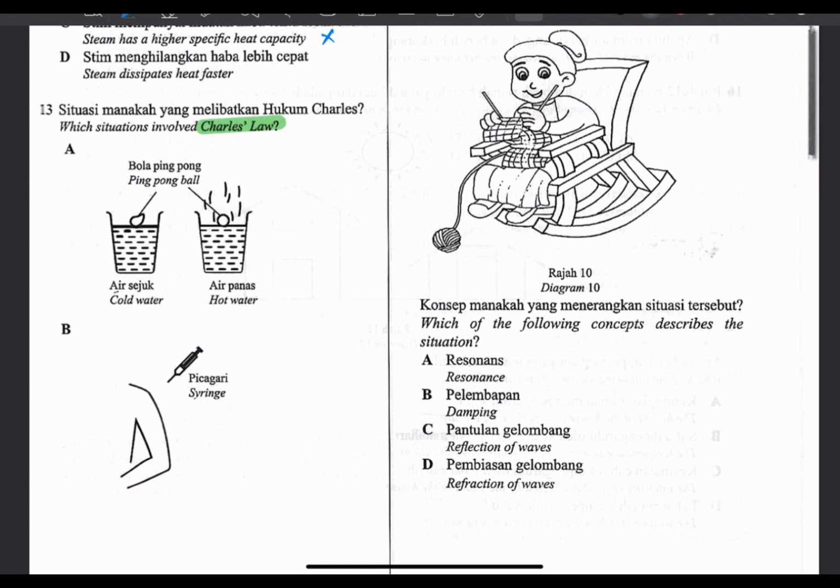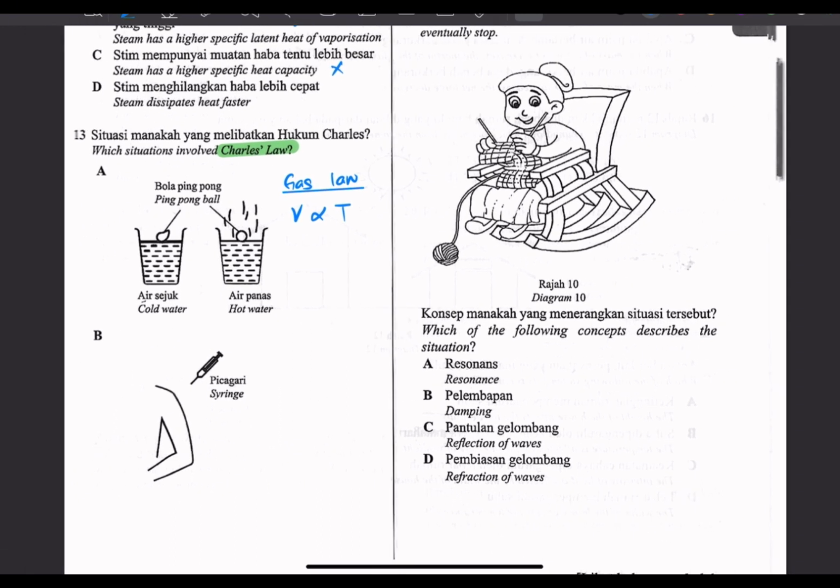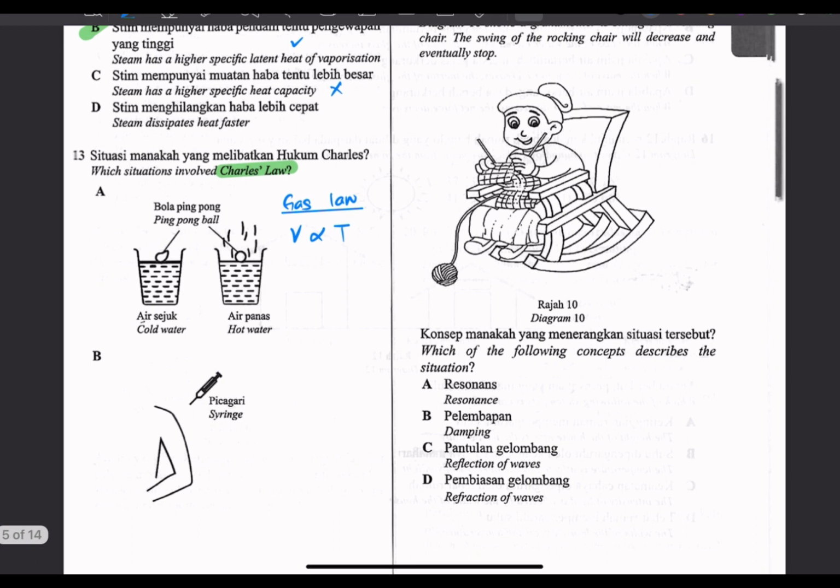Which situation involves Charles' law? So this part is the gas law. Charles' law says that the volume is directly proportional to the absolute temperature. So which application uses Charles' law?